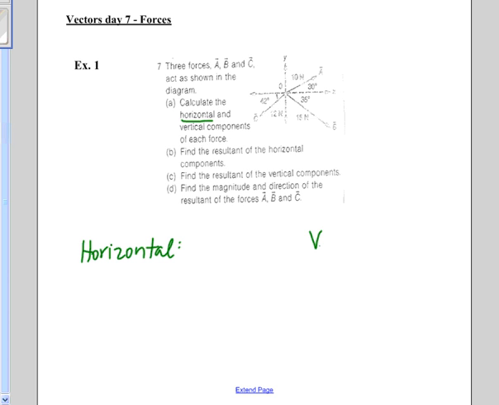And then we'll look at the vertical for each force. So for A, it is 10 newtons, 30 degrees from the horizontal. So for our horizontal, we will write vector A, horizontal.